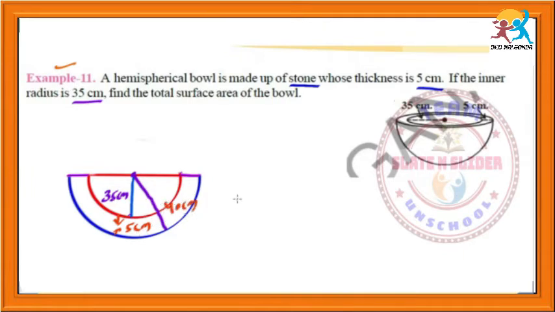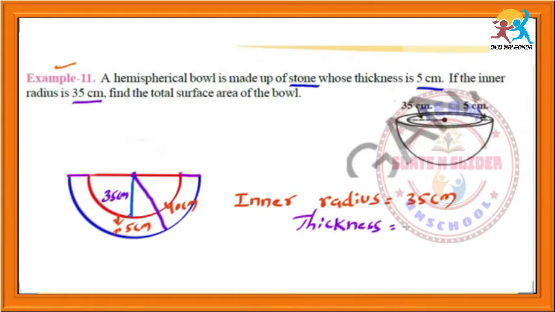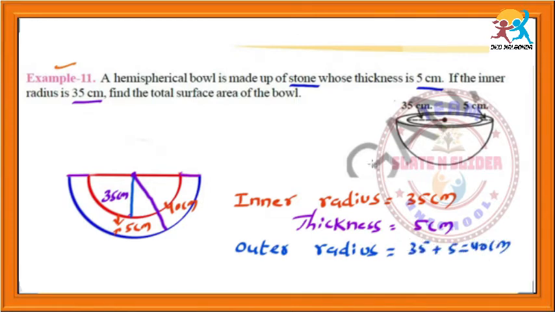We will write here: inner radius is equal to 35 centimeters and thickness is equal to 5 centimeters and outer radius is equal to 35 plus 5, that is equal to 40 centimeters.